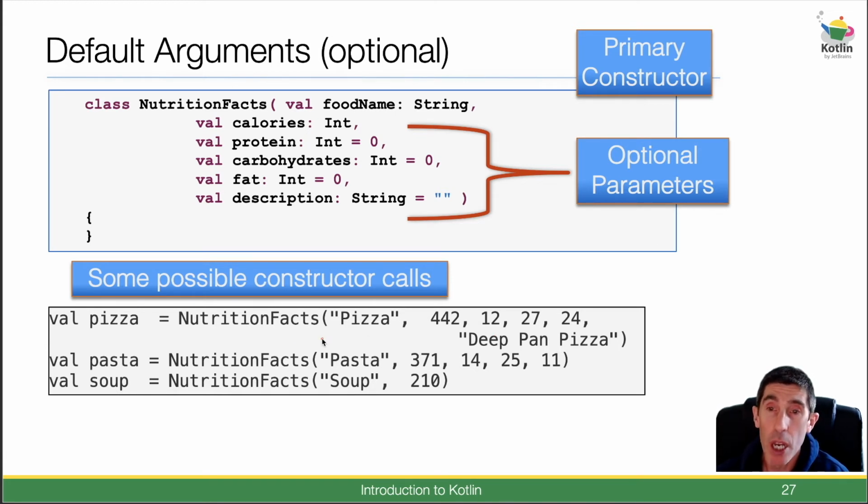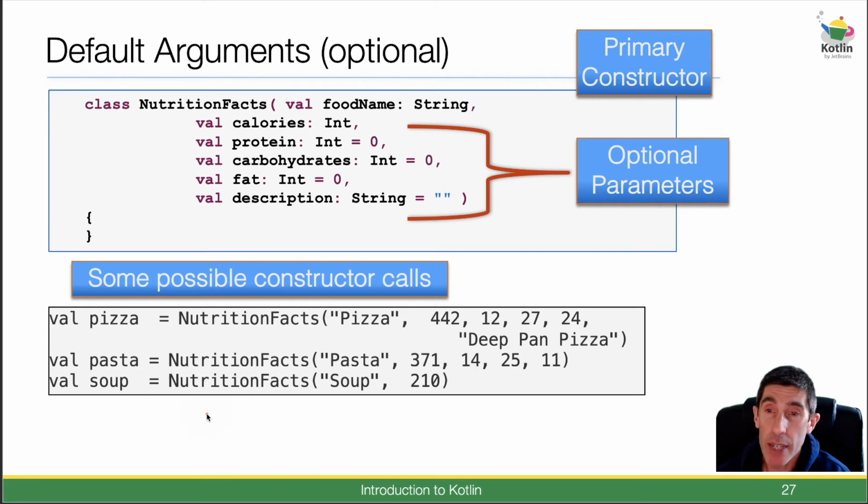But in pasta, we pass in the name, the calories, and the protein, carbs, and fat. Notice there's no description passed in, but that's okay. That pasta will have the default description, which we set up here as the empty string.